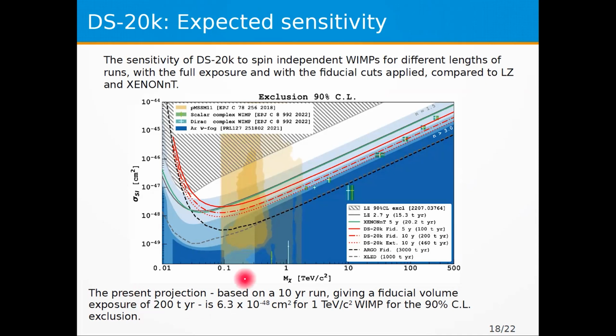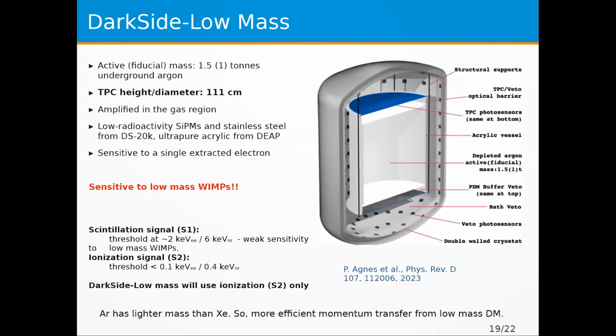That should give really nice limits at the time when DarkSide-20k will be built. But of course, there are other detectors, ARGO and XLZD, on the horizon that would probably beat the result from DarkSide-20k.